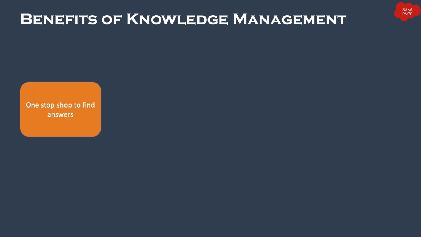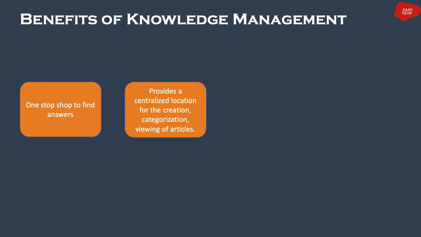It has a lot of benefits, like it is a one-stop solution for users to find the answers and get quick help via self-service. It provides a centralized location for the creation, categorization, and viewing of the articles.